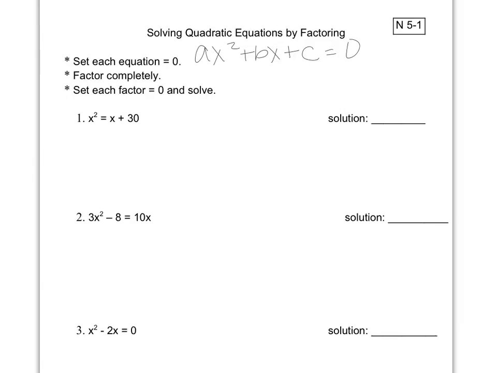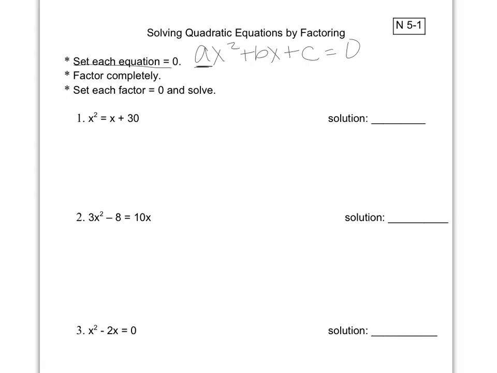Okay, so the first step will be to set each equation equal to 0. So if you look at number 1, notice that it's not equal to 0. Now remember when we were factoring, we wanted a, which was the coefficient of x squared, to always be positive, so make sure you're looking at that before you start moving things to one side to set it equal to 0.